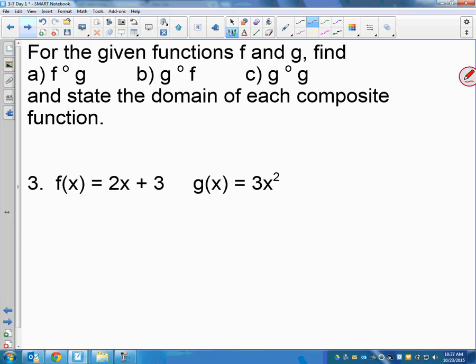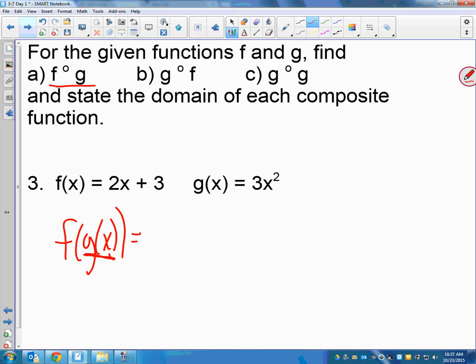If I'm doing f of g and I just want the new composition function, I'm going to have x's left in my answer. So it really helps me if I write it out with the parentheses. And just like if I was going to plug a number in there, I'm going to plug an entire function in, which means I'm going to take g of x and I'm going to plug it into f.